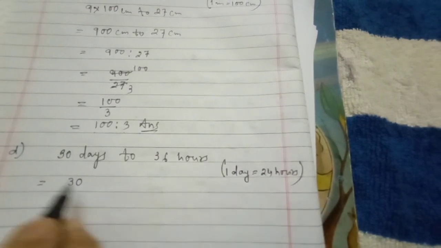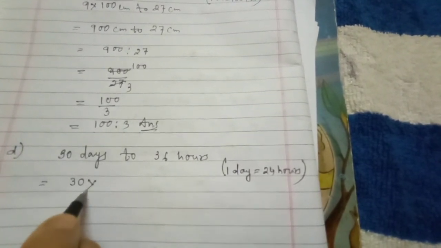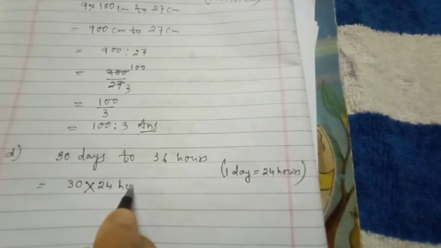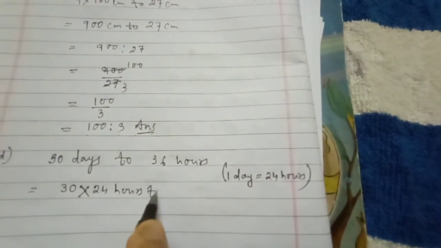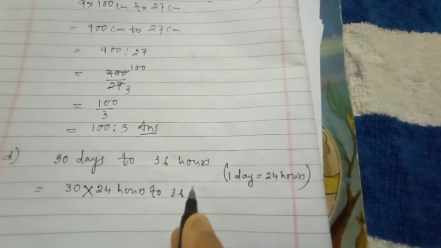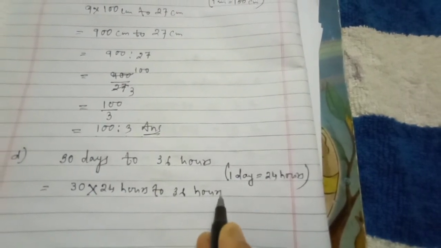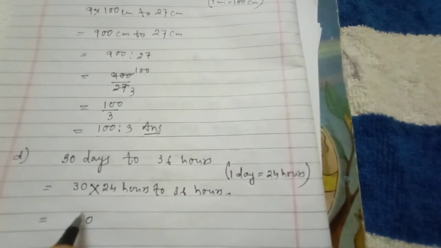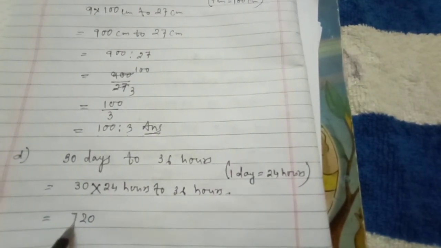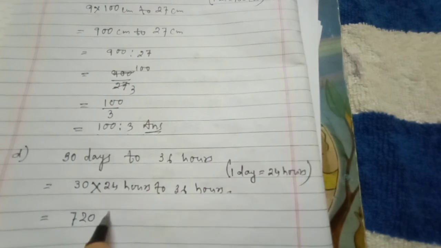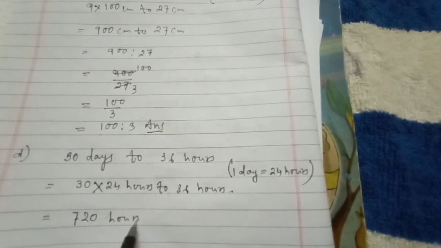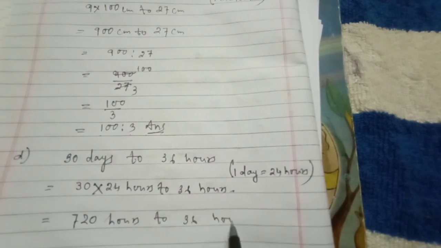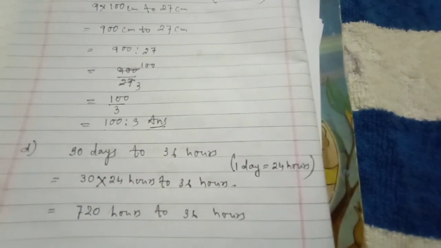To convert 30 days into hours, 30 into 24. 0, 3, 4, 12, 7, that is 720 hours to 36 hours. Now both are in the same unit.